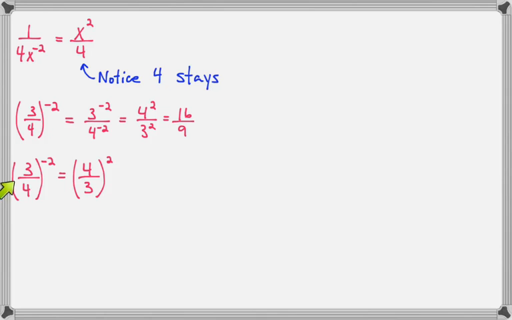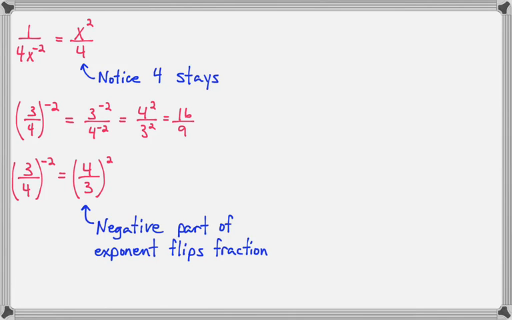So 3/4 to the negative 2 makes 4/3 to the positive 2, and then you can say 4 squared is 16 and 3 squared is 9. And the way I always think of it is that the negative part of the exponent flips the fraction over. So we get 4 squared over 3 squared, which is 16 over 9. And usually instead of breaking it out this way, this is what I do in my mind, so that might be helpful to you as well.